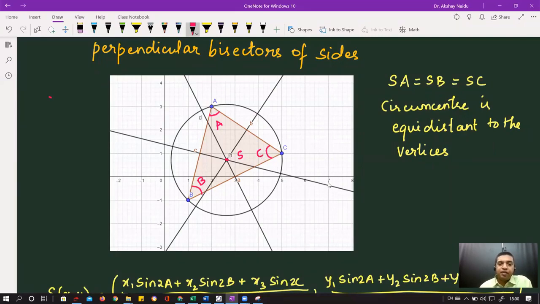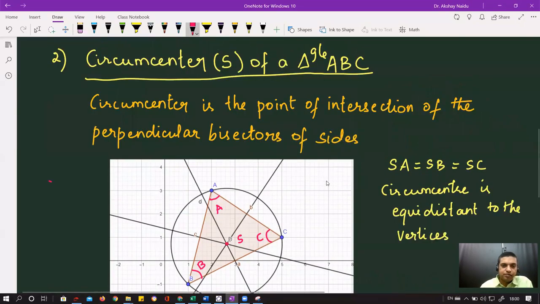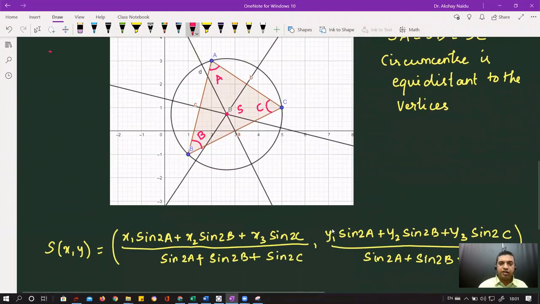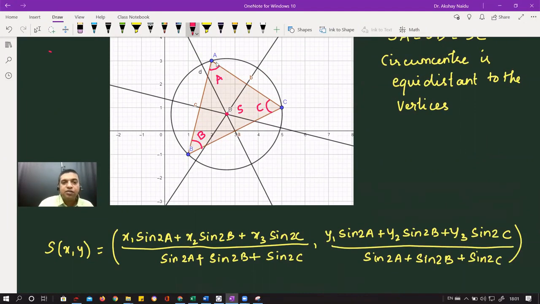All right. So if you look at the figure now, here you will be able to see. x1, y1 is coordinates of A. x2, y2 is coordinates of B. x3, y3 is coordinates of C. So x1 into sine of 2A plus x2 into sine of 2B plus x3 into sine of 2C by sine 2A plus sine 2B plus sine 2C.